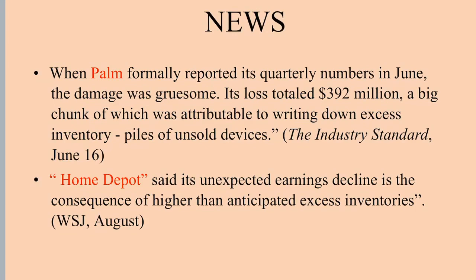So here the company had a stock of finished goods which piled up, and there were losses in the company. The next example is Home Depot, a large cap company in the US. It said its unexpected earnings decline is the consequence of higher than anticipated excess inventory. So you can see how important it is for a production organization to maintain its inventory.